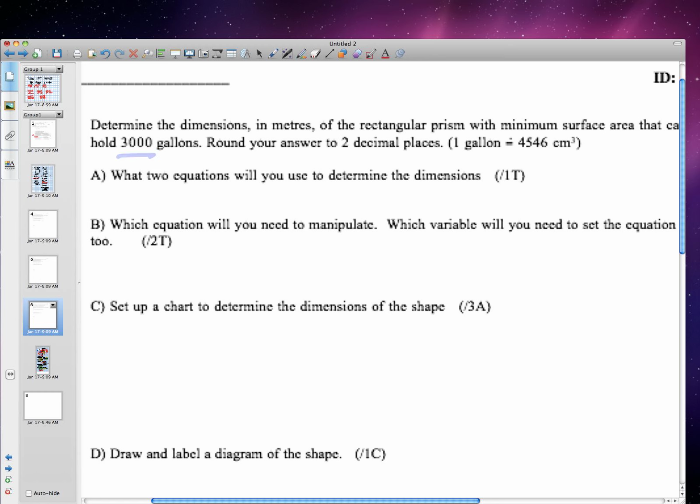Well, we'll need the equation. Okay, and sorry, what shape? Let's clarify that first. What shape will give us minimum surface area, maximum volume, Jonathan? A cube. So a cube is going to give us, for a rectangular prism, the most efficient shape, which means the area of a cube, anyone know what it is offhand?